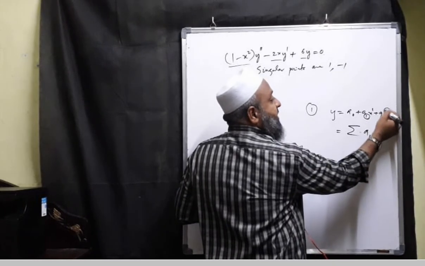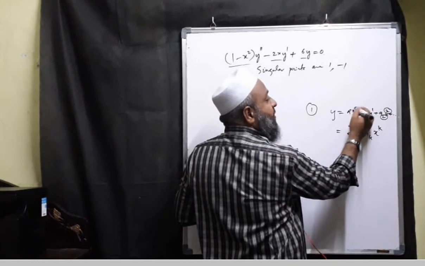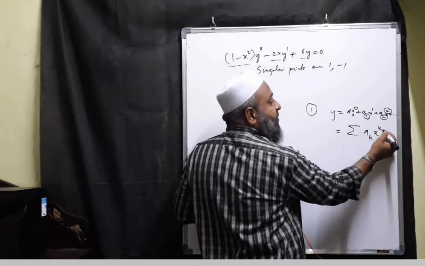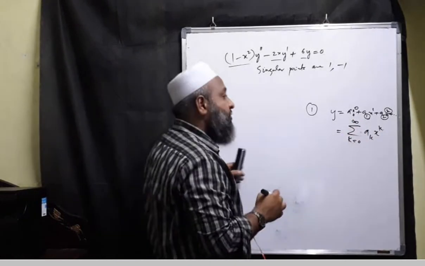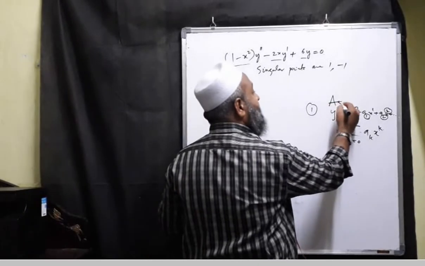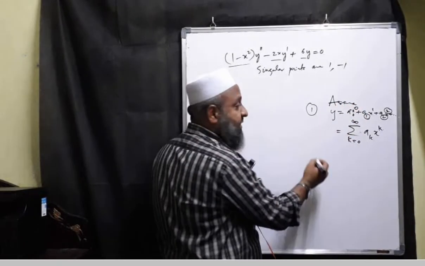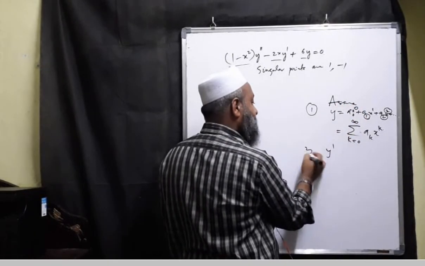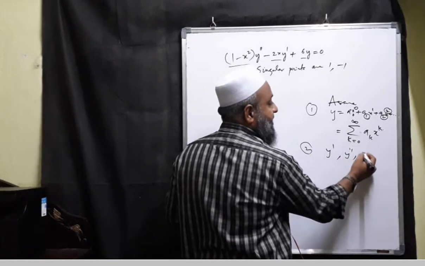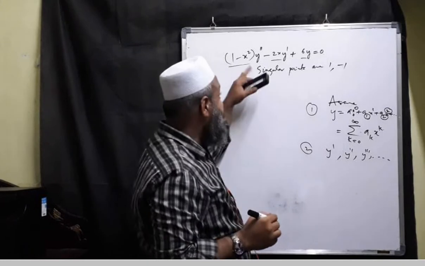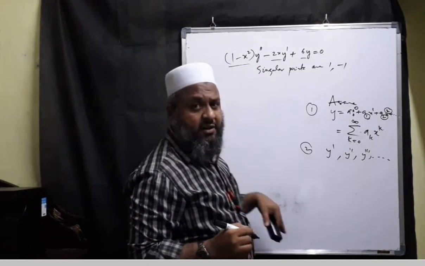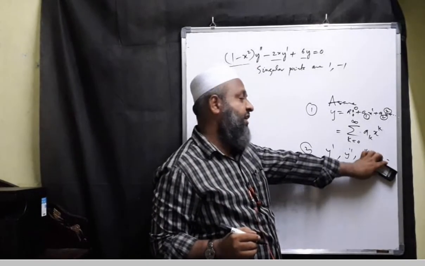Similarly here it is x power 0, so it is ak x power k, where k is running from 0 to infinity. So first we assume what y is, then we calculate y dash, y double dash, y triple dash, depending upon what order terms are required. Here it is only the second derivative, so we will calculate only up to the second derivative.